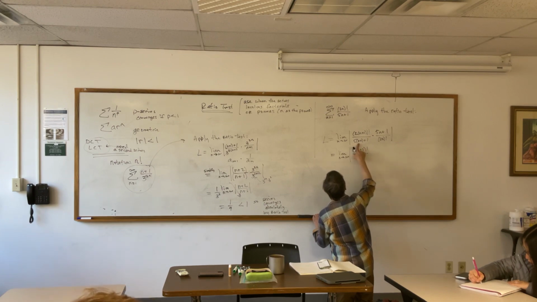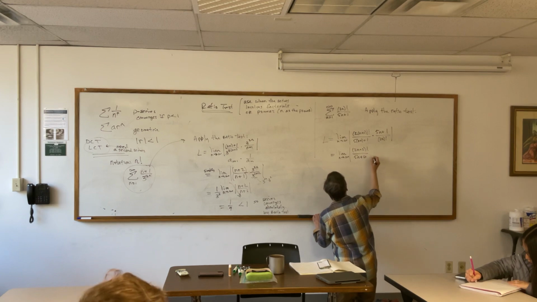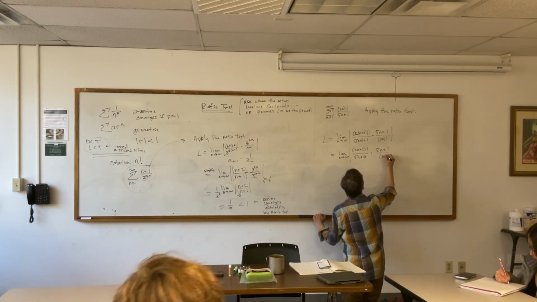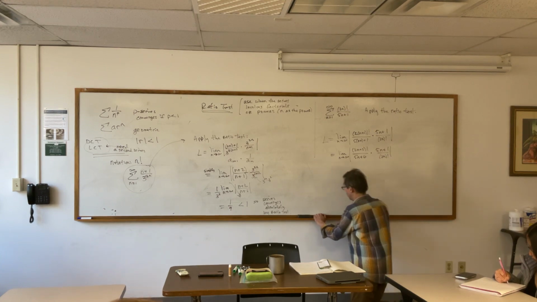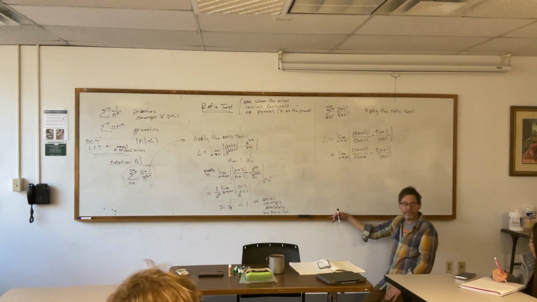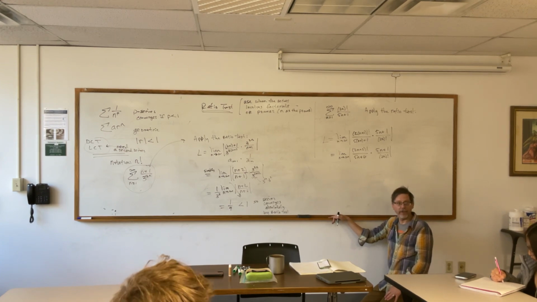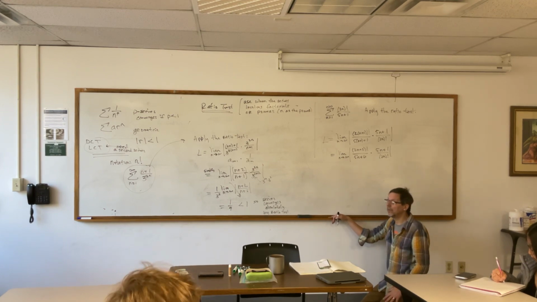And then this becomes 5n plus 5 plus 1, 5n plus 6, 5n plus 1, over 2n factorial. And at any point, just stop me and let me know if something needs clarification, because this will be a little new.